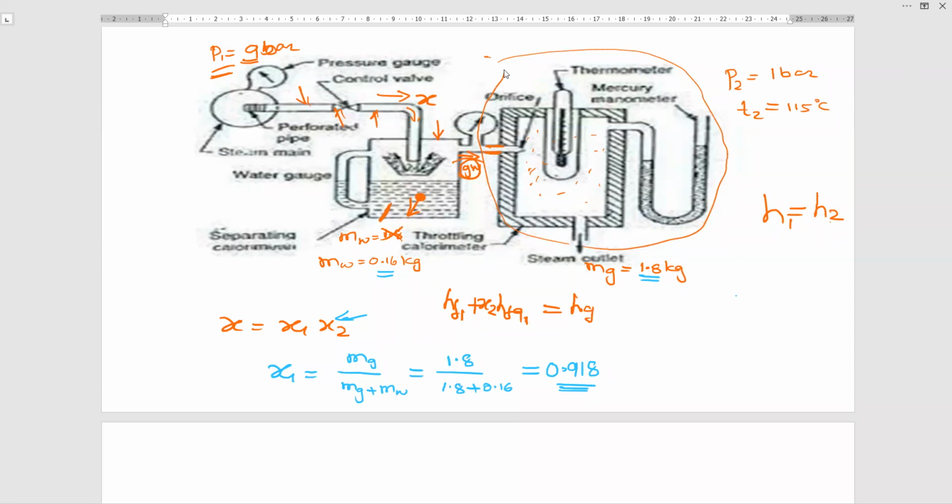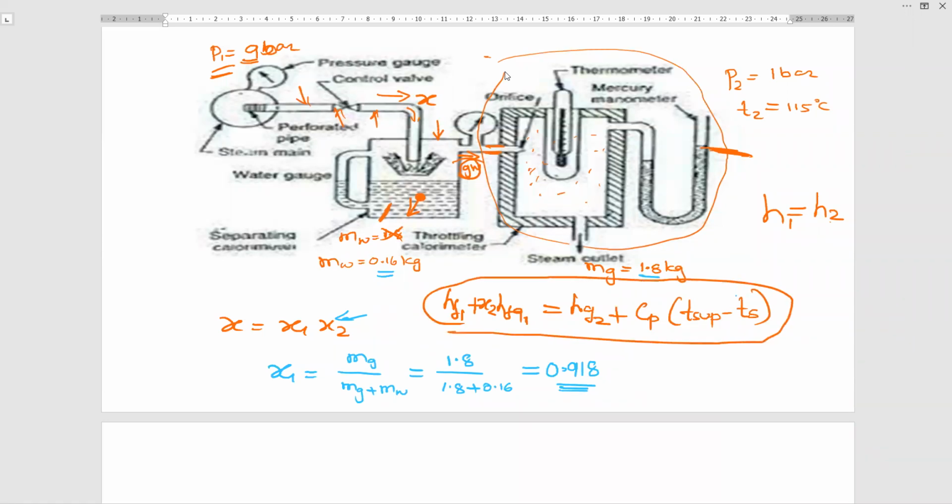Now the question is at point 1 or 2. This entire part is point 2, HG2. Plus you have to add the extra heat supplied to make it superheated, that is Cp times (T superheated minus T saturated). Now using this equation, we have to calculate X2.